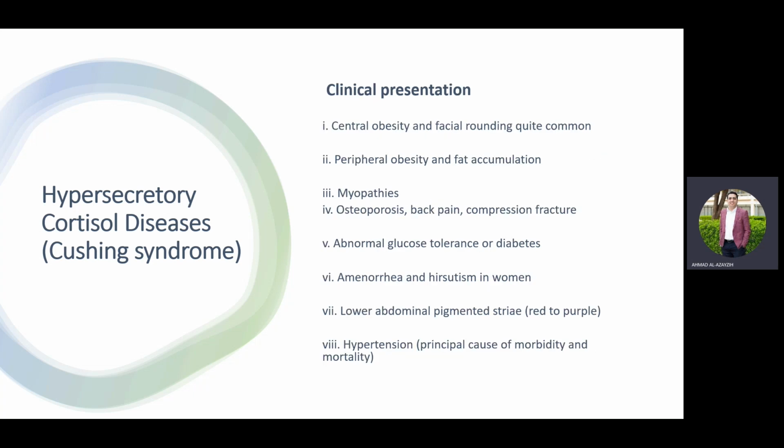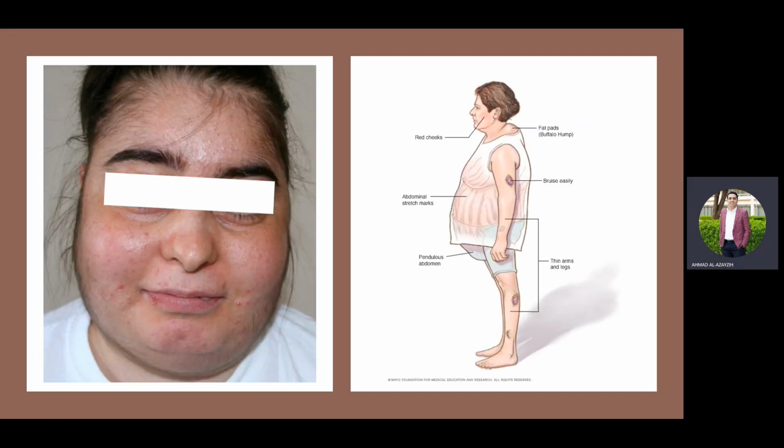What is the clinical presentation? Central obesity, facial rounding, peripheral fat accumulation, myopathy, meaning muscle problems and pain, osteoporosis, back pain, compression fractures, abnormal glucose level, amenorrhea or hirsutism in women, lower abdominal pigmented striae, of course red to purple, and hypertension also.